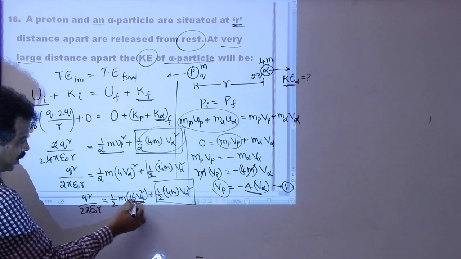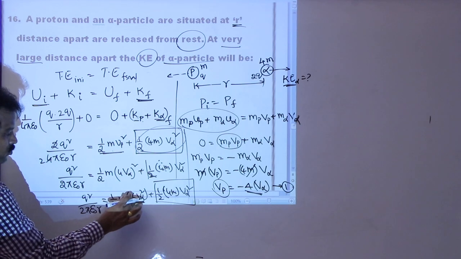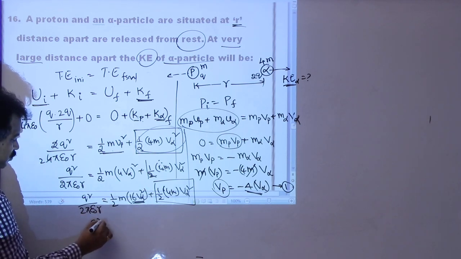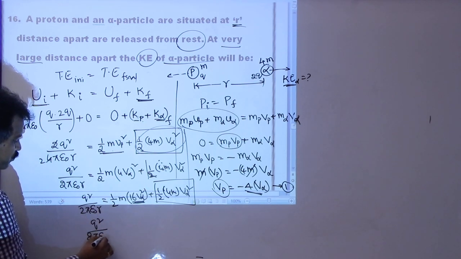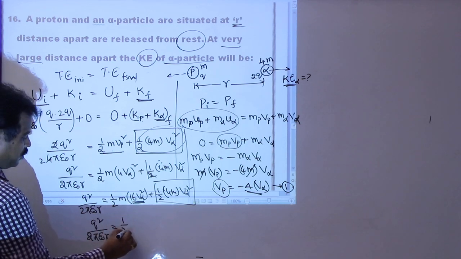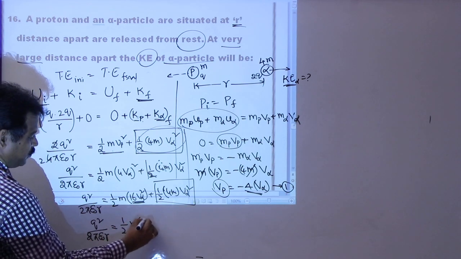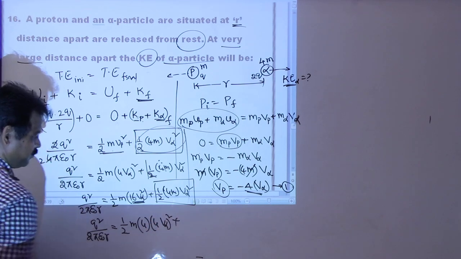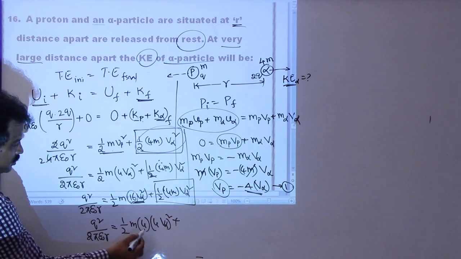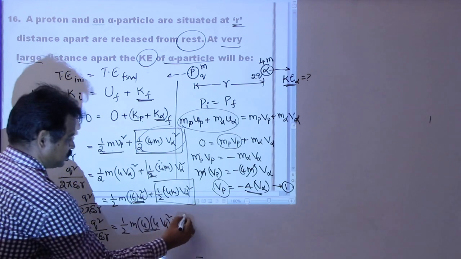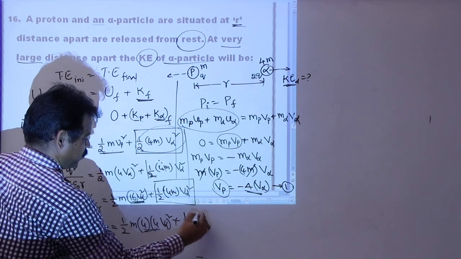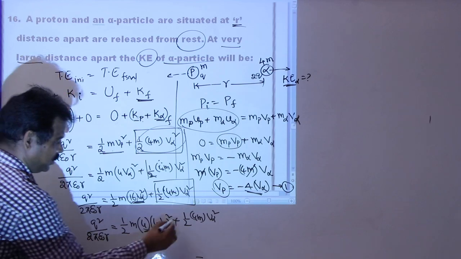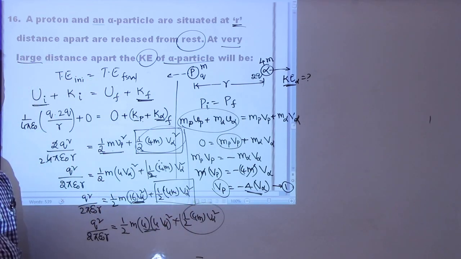So here you can see half m is constant. 16 V alpha square can be written as 4 into 4 V alpha square. So q square by 2 pi epsilon naught is equal to half m, 4m into 4 V alpha square. You can see this 16 is divided into 4 here. So this will be half 4m V alpha square.